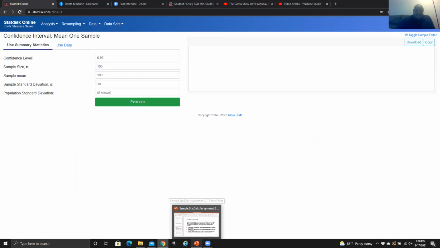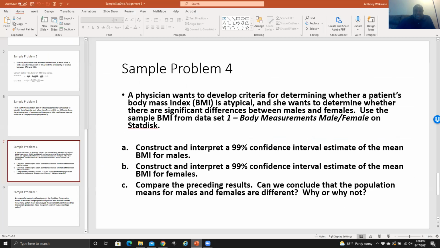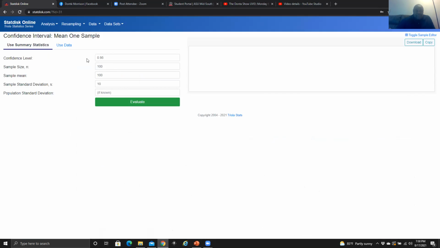Now, in that problem, the confidence level we're dealing with is, and I'm going to go back to this, says 99%, and it's going to be for both. 99%, they give us a default of 0.95. We need to change that to 0.99. And then under sample size, it was 40, so N will be 40.